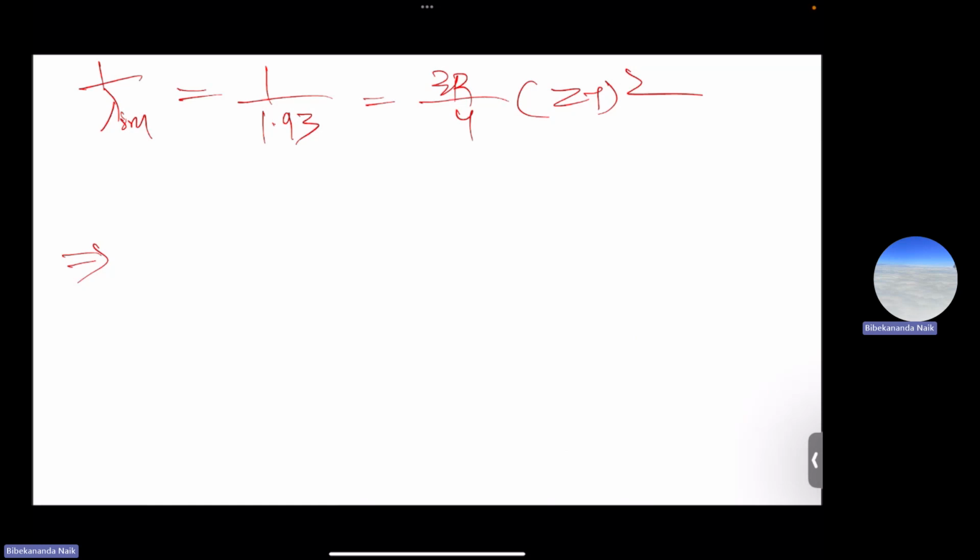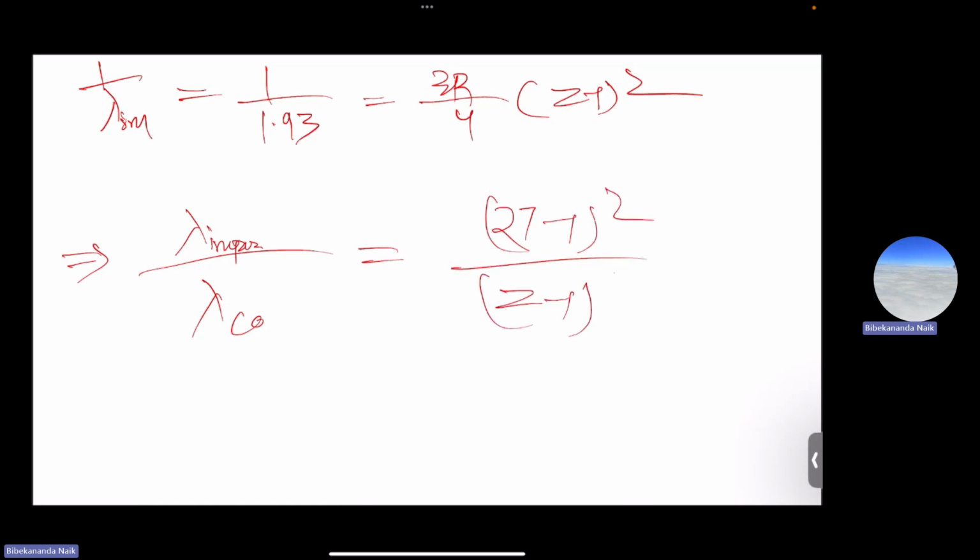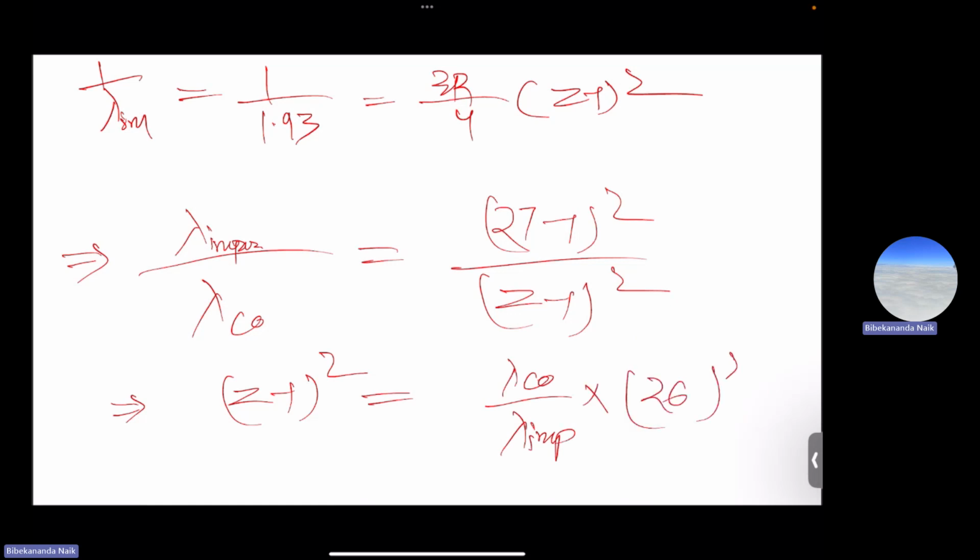So lambda impurity divided by lambda cobalt is equal to (27 minus 1) square divided by (Z minus 1) square. So (Z minus 1) square will be lambda cobalt by lambda impurity into 26 square.